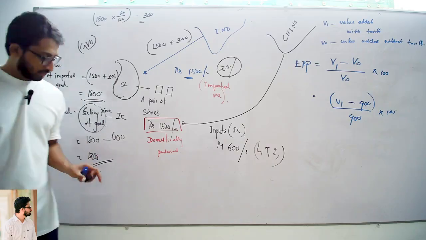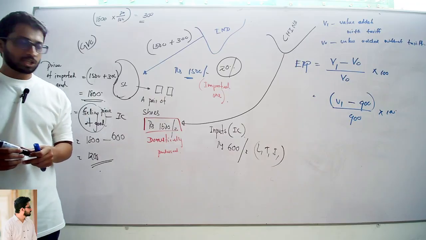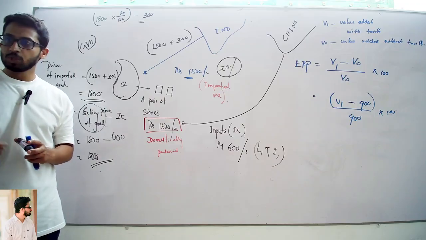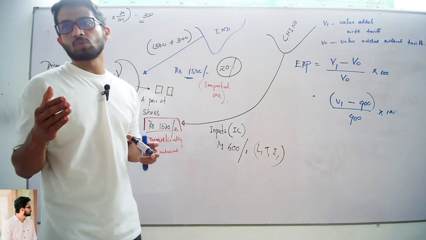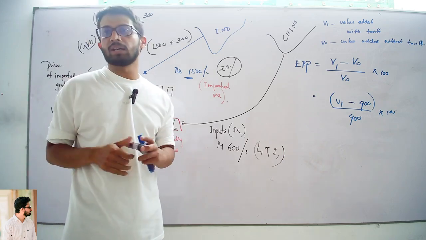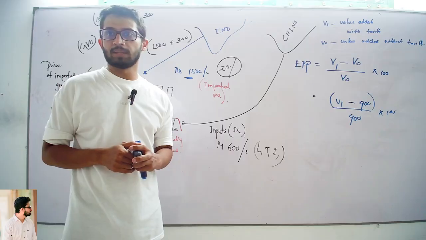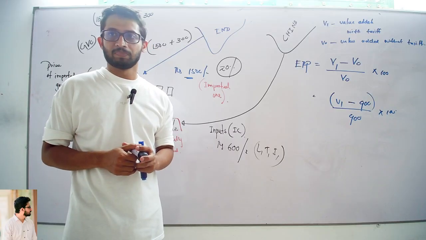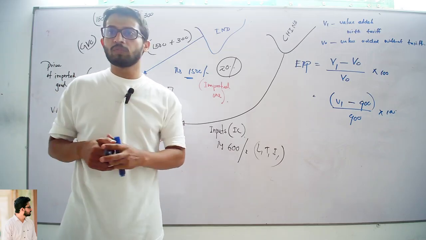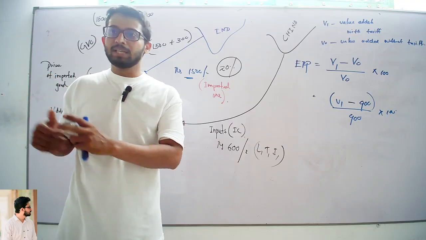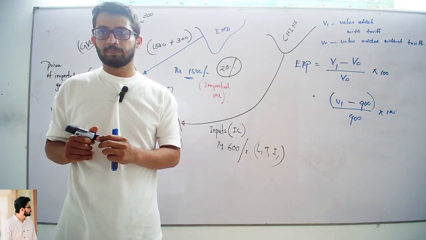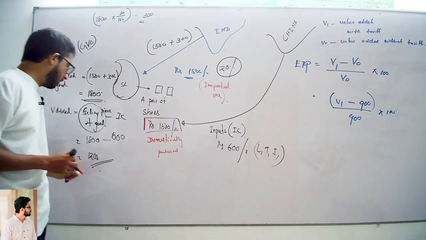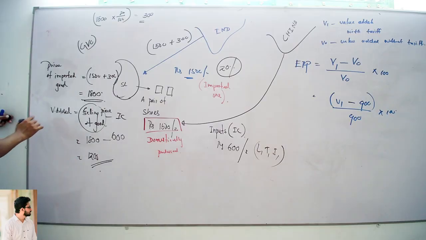The simplest meaning of this is that in the production of one pair of shoes, we have added 1,200 of new value addition to the Sri Lankan economy, or 1,200 income to the Sri Lankan economy after payment for these intermediate goods as well. Can you write this down?